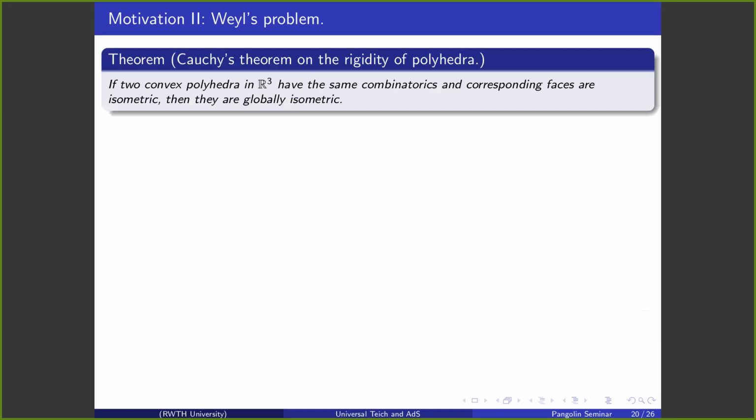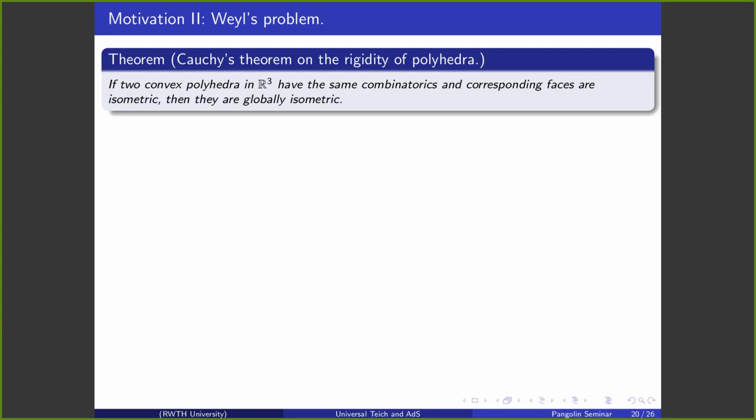Okay, and in a different spirit, the main theorem is also connected to Weil's problem, and let me briefly describe what Weil's problem is. It's actually a very rich and very long story, so let's just be sketchy. The origin of Weil's problem is probably this result by Cauchy on the rigidity of convex polyhedra.